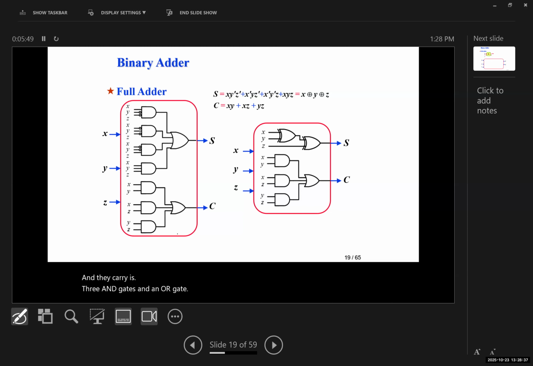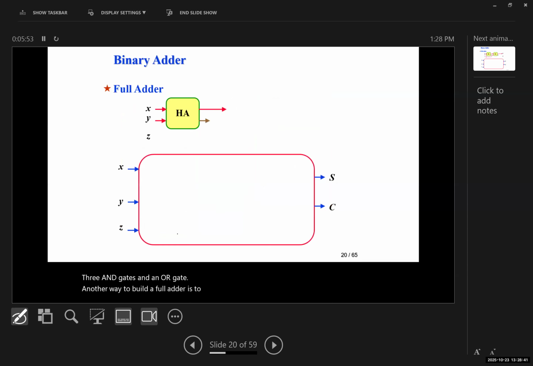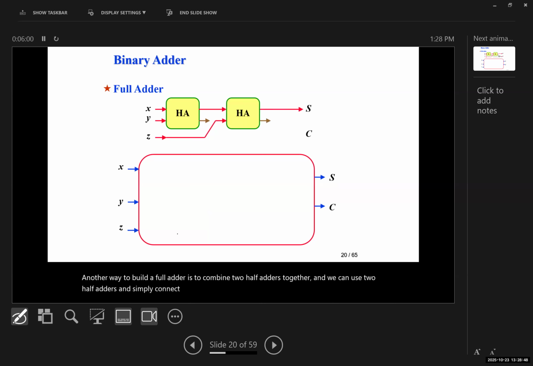Another way to build a full adder is to combine 2 half adders together, and we can simply connect them together to build a full adder, with the addition of an OR gate, obviously.